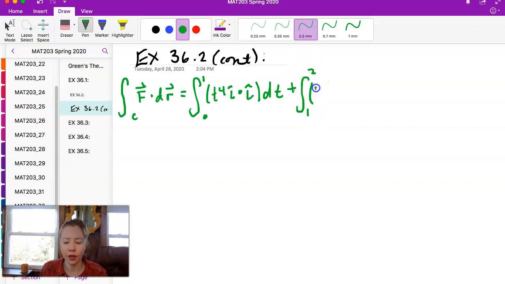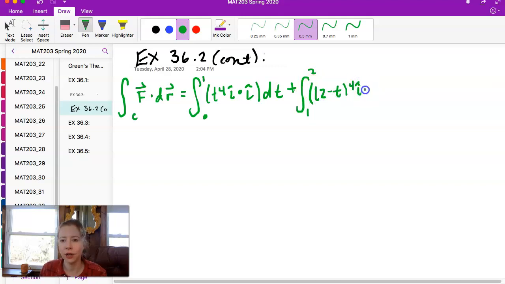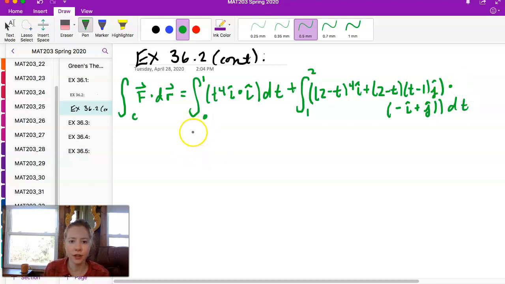And there we're going to have 2 minus t to the fourth i hat plus 2 minus t times t minus 1 j hat, dotted with minus i hat plus j hat, dt, plus our last piece, from 2 to 3, which is going to be 0, so I don't even need to write that in.